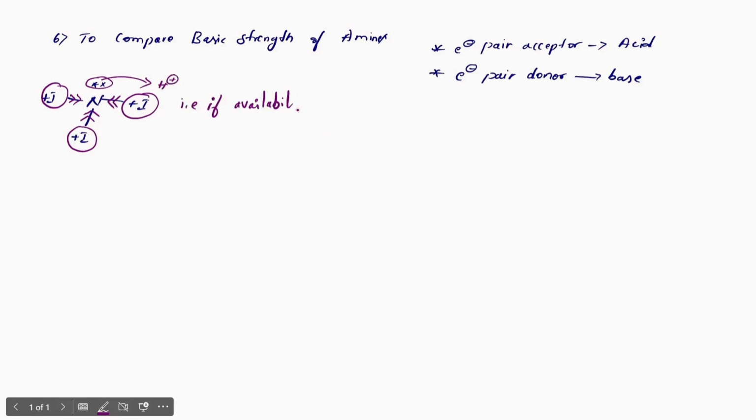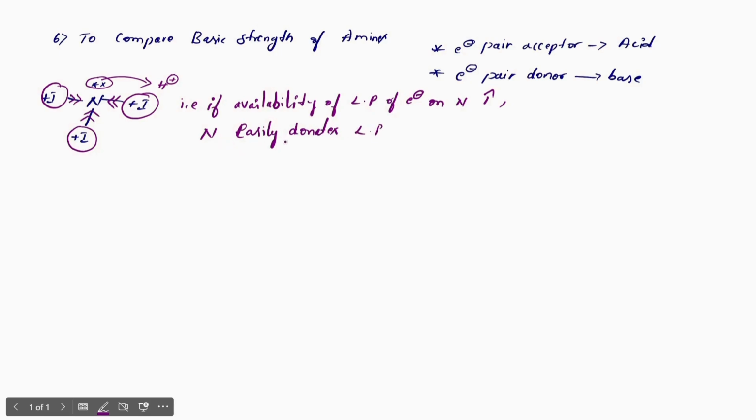That is, if availability of lone pair of electrons on nitrogen increases, nitrogen readily donates, or nitrogen easily donates lone pair.